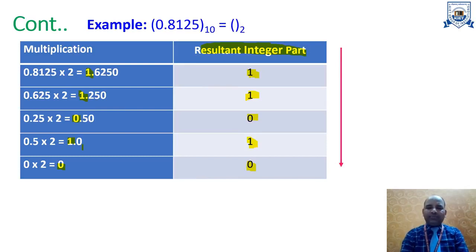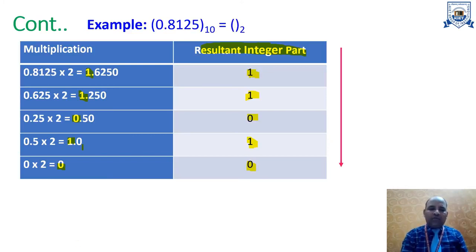Now remember, we will write all these resultant integer parts in top to bottom order, just the reverse of what we did in the previous example. As I am repeating, the previous example was the conversion of a decimal number to binary with the integer part, but here it is the decimal to binary conversion for the fractional part, so we computed the resultant integer parts with the help of these multiplication operations.